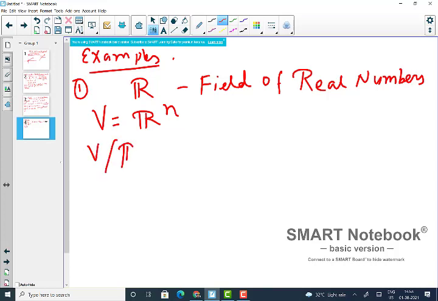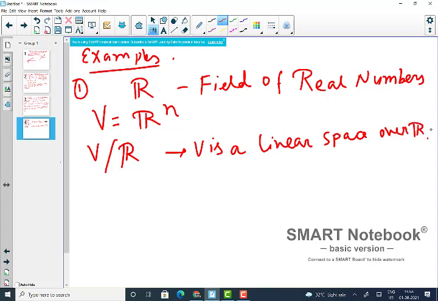So this is the symbol. We say that V is a linear space or vector space, whatever you feel like, over R. Okay, and so elements of this R^n you can write down as n-tuples. There are two ways to write these things.